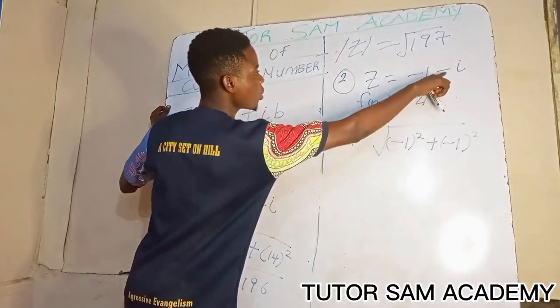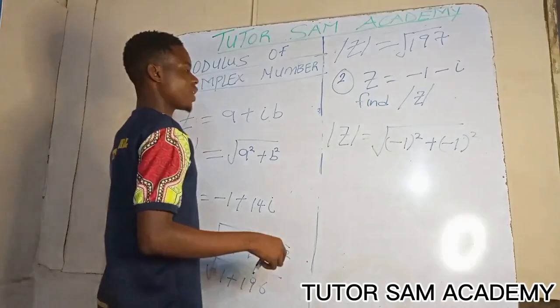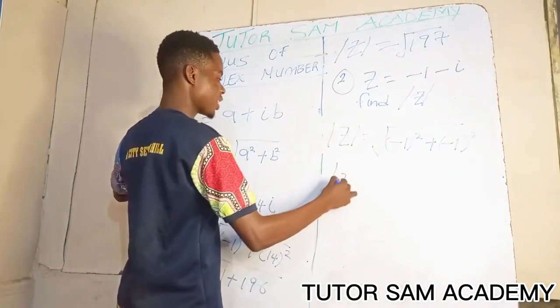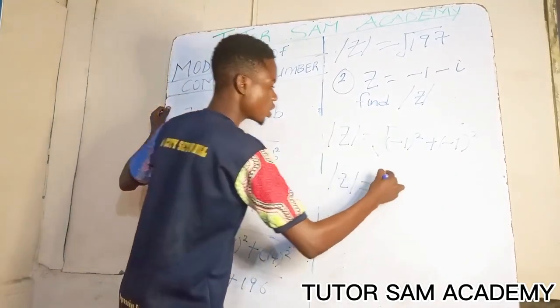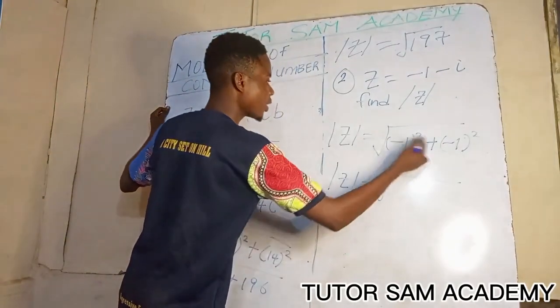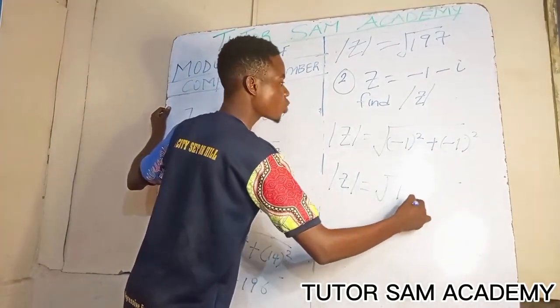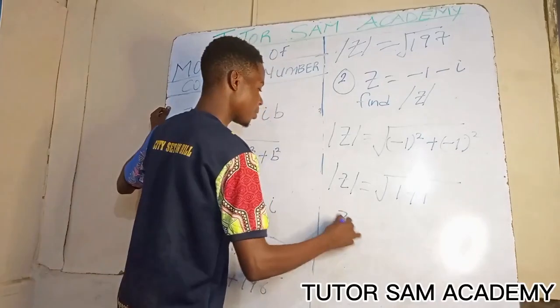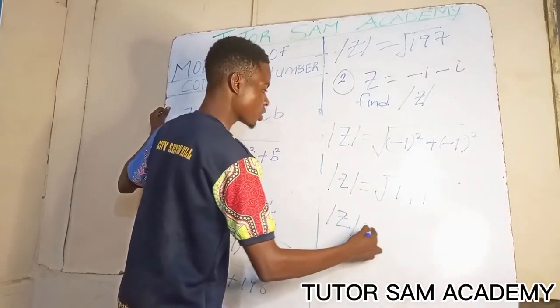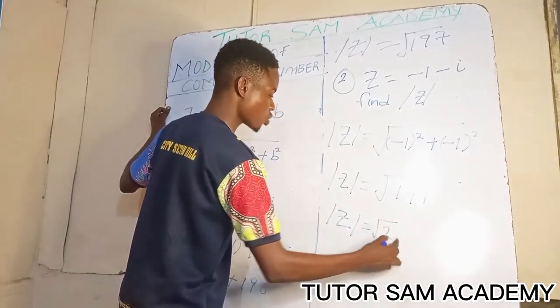Why is it minus 1? Because here I have the coefficient of i to be minus 1. So z modulus will be equal to square root of what? Minus 1 squared is 1. Minus 1 squared is 1. So finally, my final answer will be what? Square root of 2.